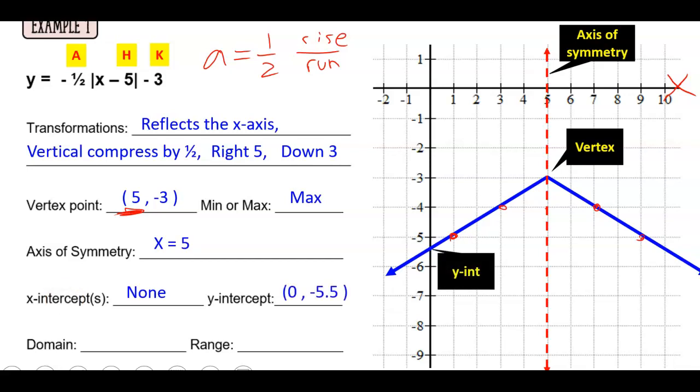0, negative 5.5. Now, let's talk about domain and range. We did it earlier, kind of. Domain goes forever to the left, forever to the right. So how do we write that? Negative infinity to positive infinity.